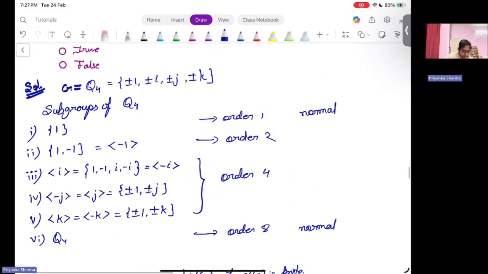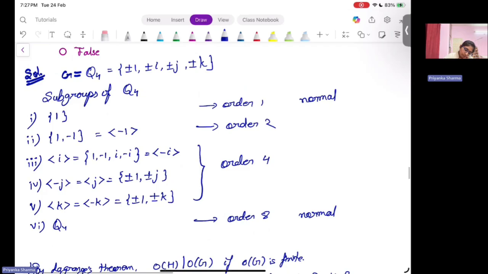Now, what about the remaining? For subgroups of order 4, we can consider this result: if the index of H in G is 2, then H is normal in G. So the subgroups generated by I, J, or K have index 2 in Q4. That's why all these are normal.